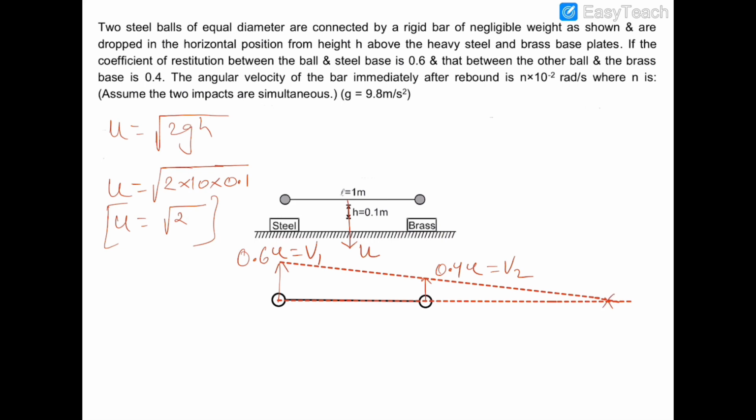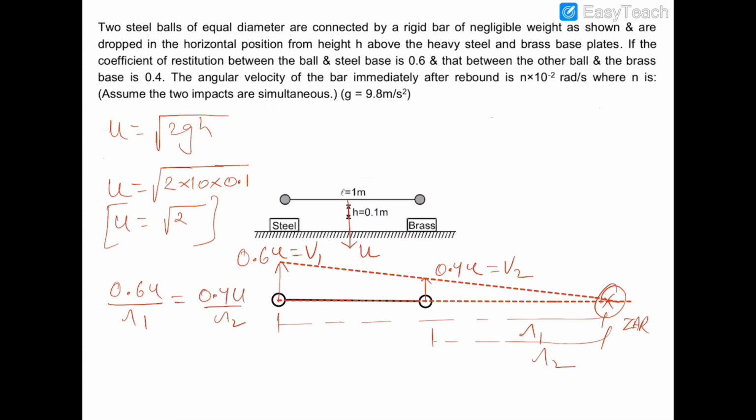So this is the IAR, and let us suppose this distance is R1 and this is R2. So 0.6 U by R1 is equal to 0.4 U by R2, and this is equal to omega. So 6 upon 4 is equal to R1 upon R2, and therefore it is 3 by 2.